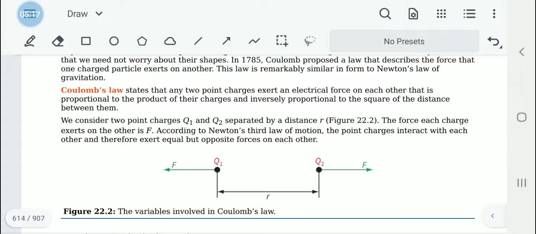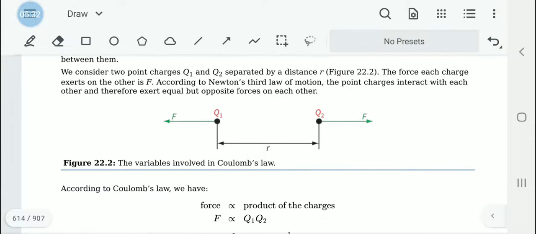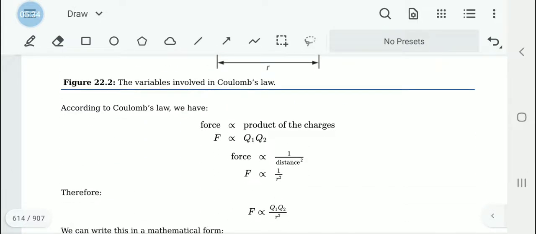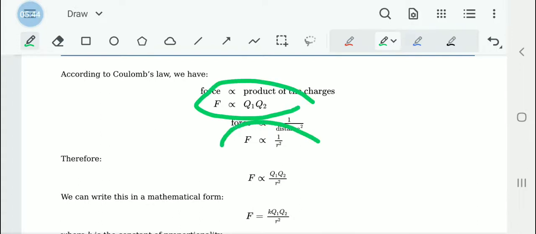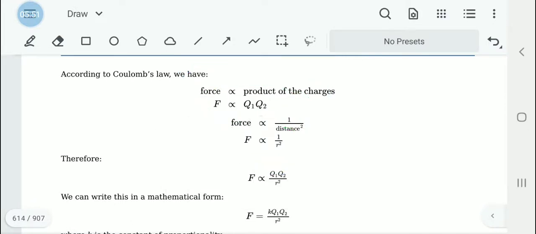Then it is inversely proportional to the square of the distance between them, so that is 1 upon r squared, right? So Coulomb's law says that F is proportional to q1 into q2 and F is proportional to 1 upon r squared. These two relationships are developed from Coulomb's law.